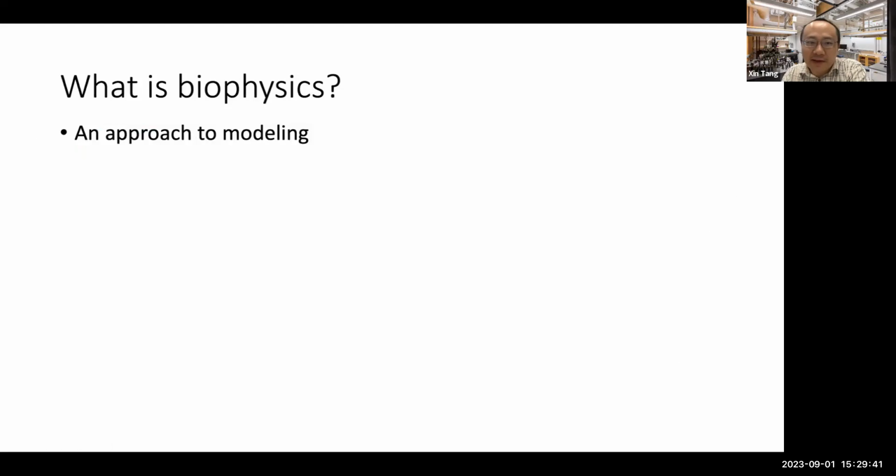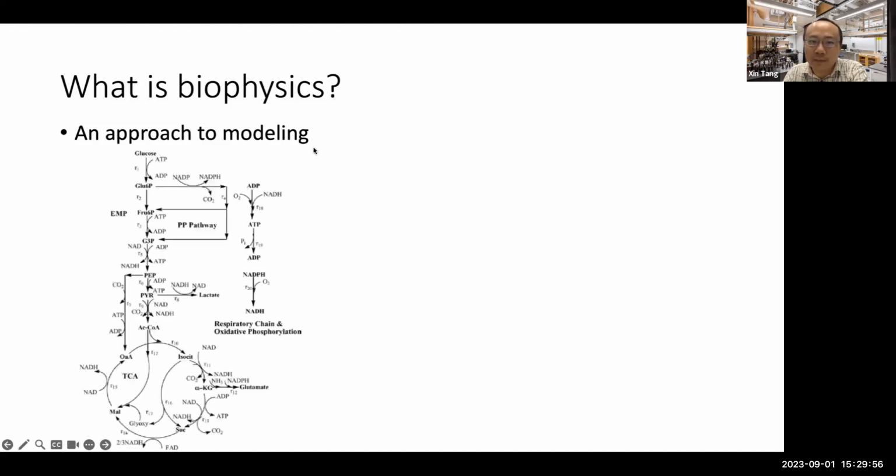So beyond that, all what I'm talking about are the different physical tools. Of course, there are also physical theories that are very important. In biophysics, people also use very useful knowledge to do the modeling. Here is one example about the metabolism inside the cell.